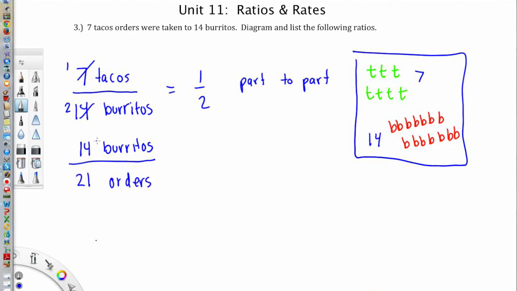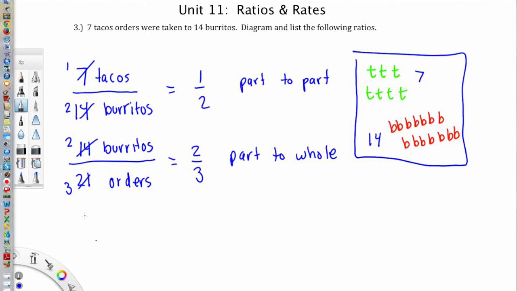And we can reduce this as well. 7 goes into 14 2 times, 7 goes into 21 3 times, and just factoring out a 7, we get a 2-to-3 ratio for burritos out of the complete or total order. And this is a part to whole ratio. I'm comparing part of the group to the entire group.